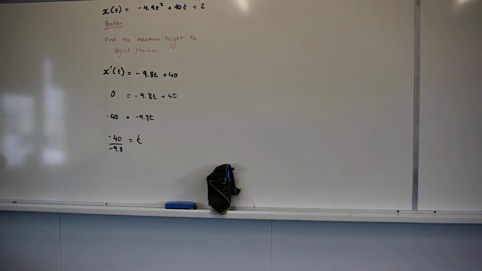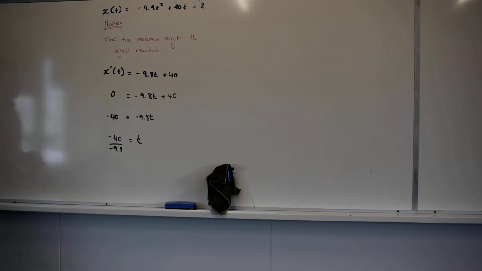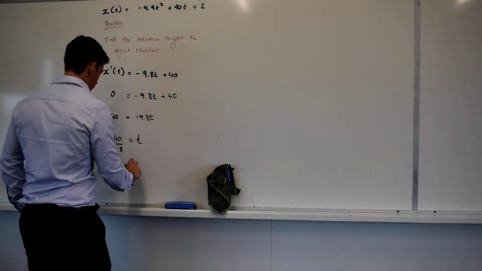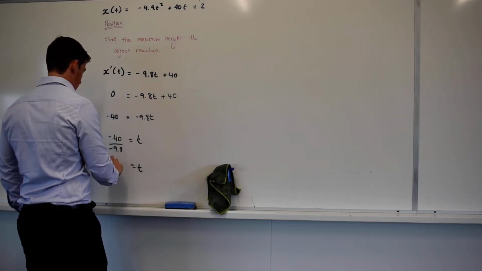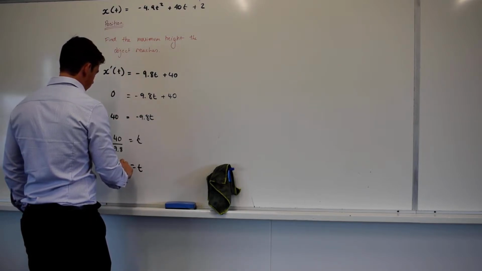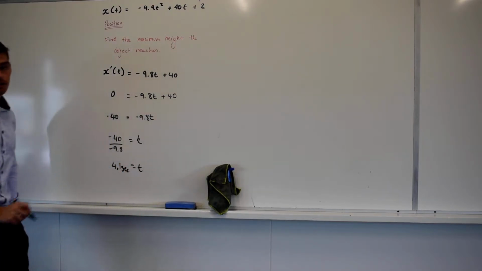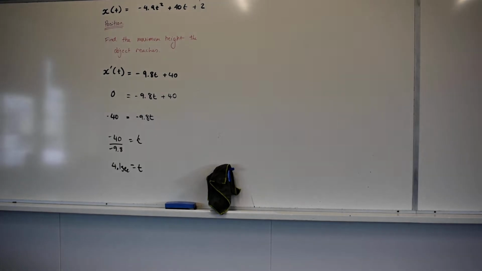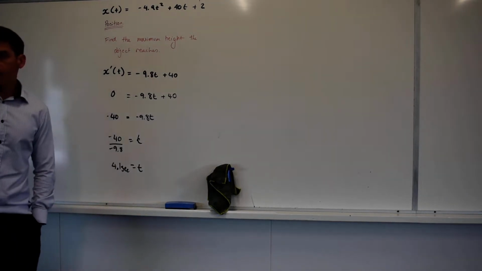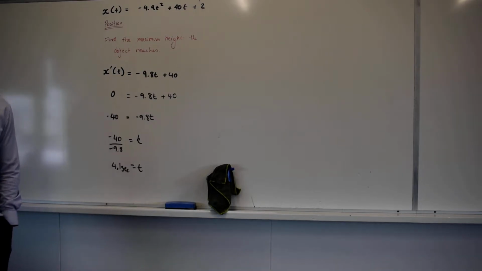What does that equal? Let's go 4.1. I don't know if that is exactly what it equals, but you get the idea. Oh, Sasha, if you want to show that, that'd be great. Am I done? No. What do I need to do?